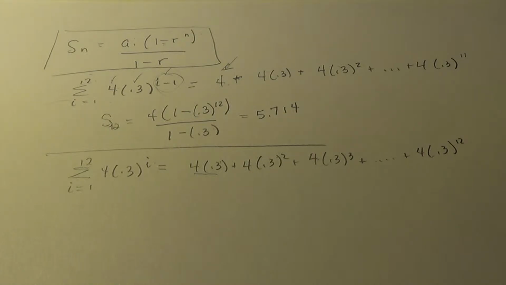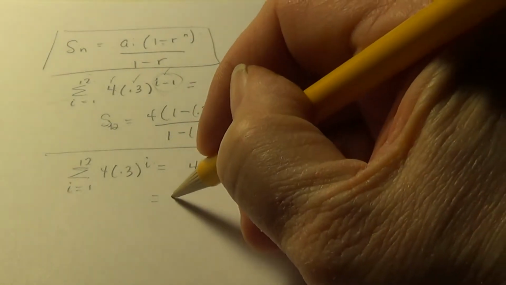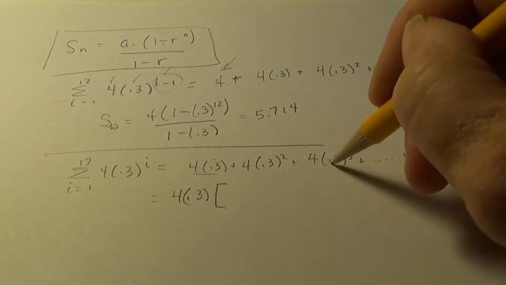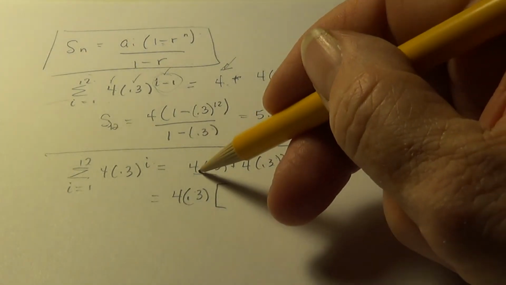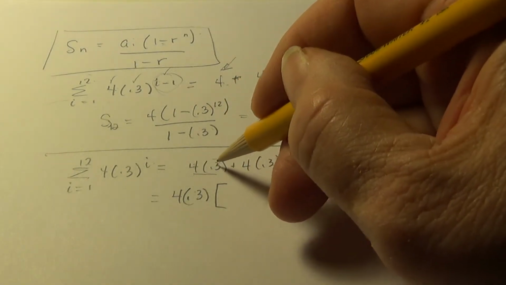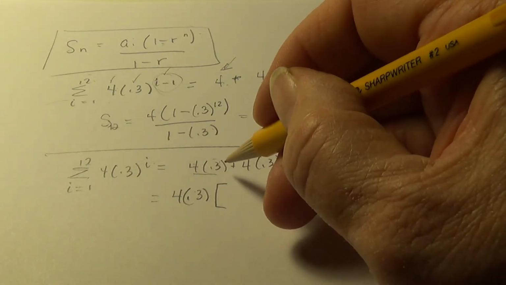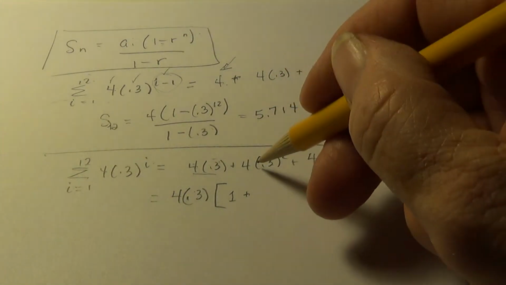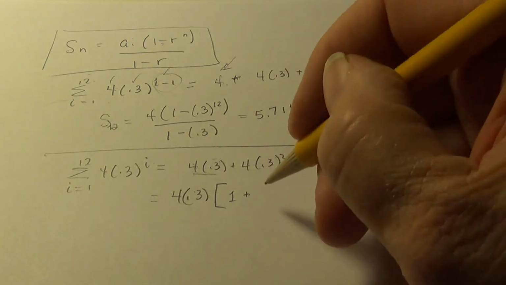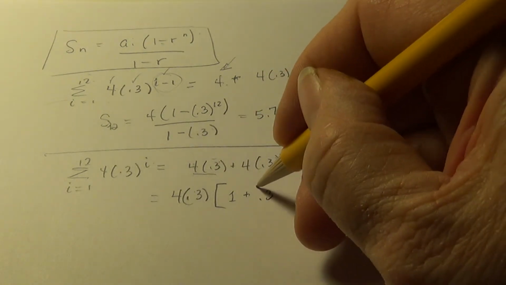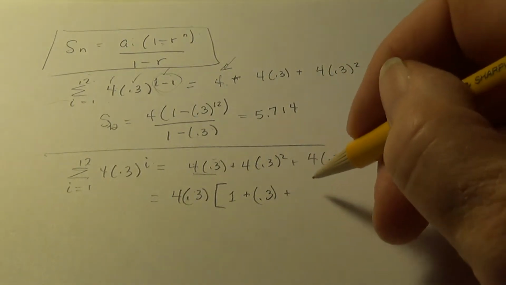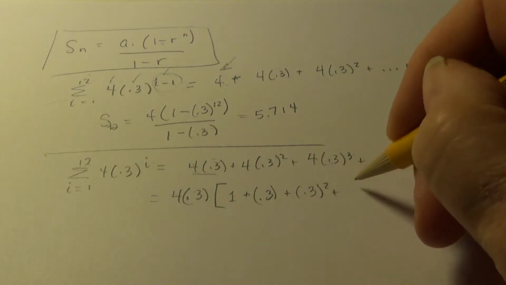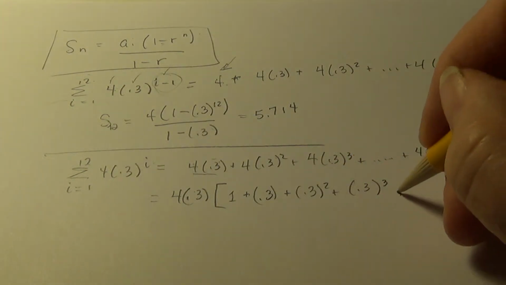If I pull out a 4 times 0.3 out of every one of these terms, what do I have left? So I'm factoring it out, which means dividing each term by 4 times 0.3. The first term gives 1. In the next, the 4 is pulled out, but the 0.3 leaves one factor of 0.3, then one fewer factor removed means it'll be squared, and so on.